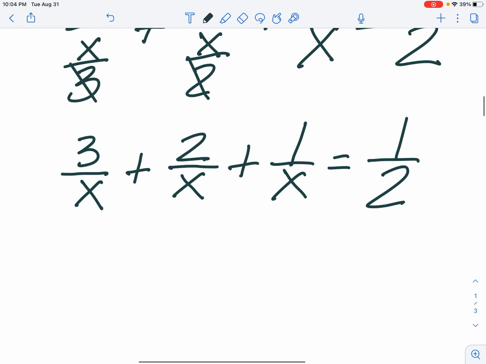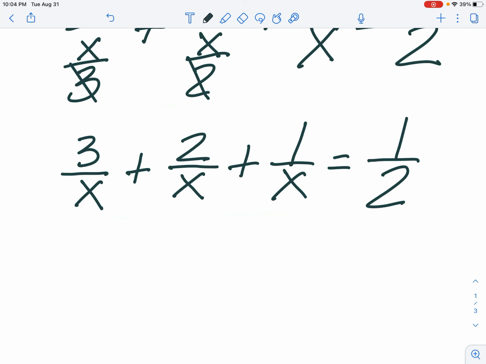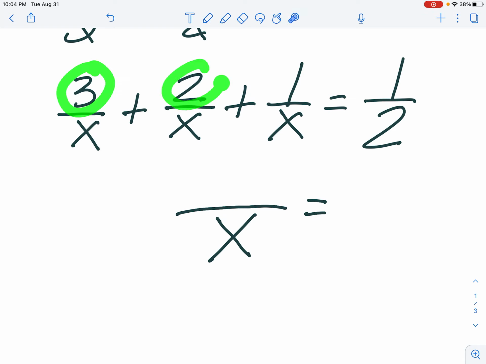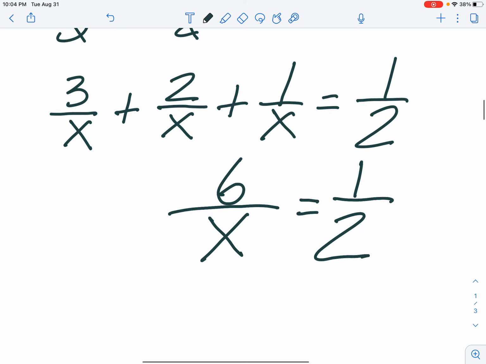Now, look how great this is. These all have the same denominator. So I can write just one big x, equals, and with my numerators, I can add them. 3 plus 2 plus 1. 3 plus 2 is 5. 5 plus 1 is 6. And I bring down my 1 over 2.